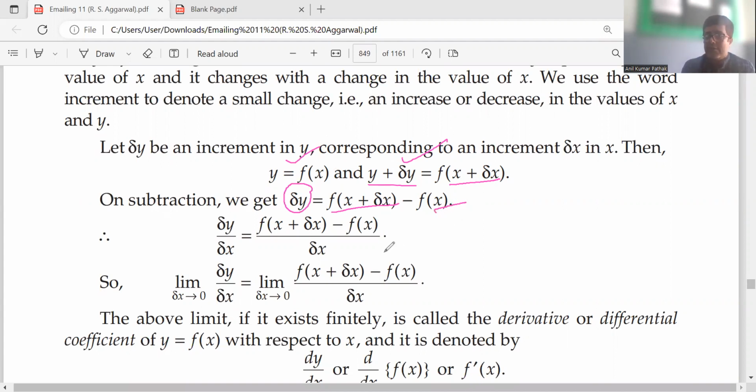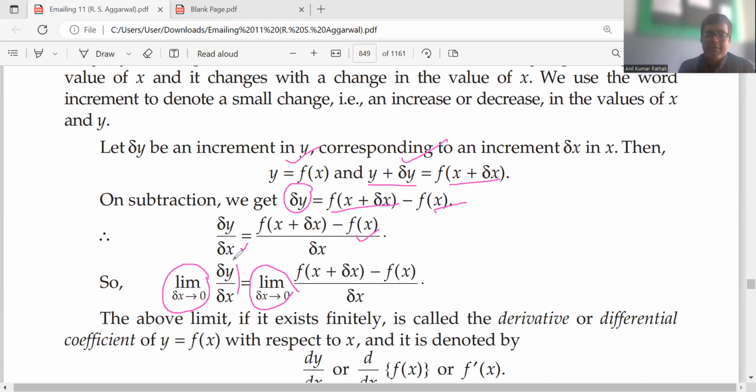Now what are we doing? We are finding the change in y with respect to x, that is why we divide this by delta x on both sides. Once you divide both sides by delta x, we take the limit of delta x tending to 0, because we have changed x very small.